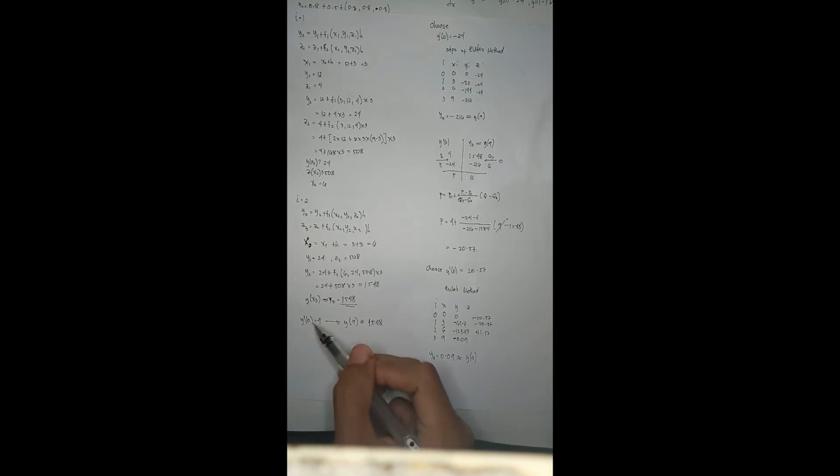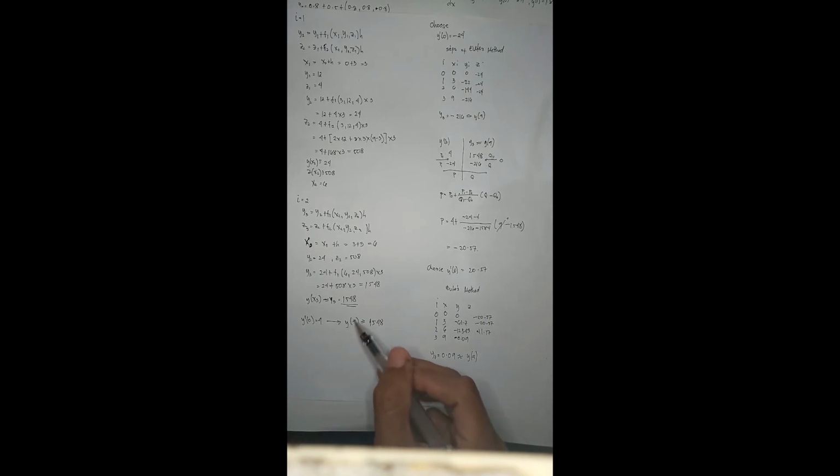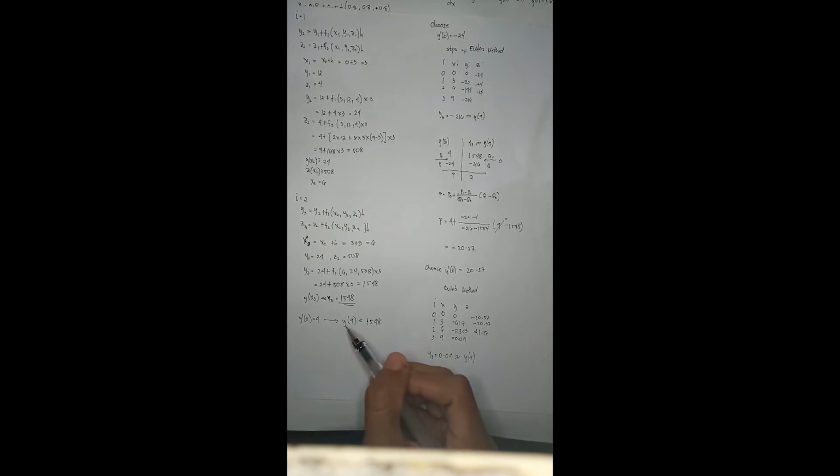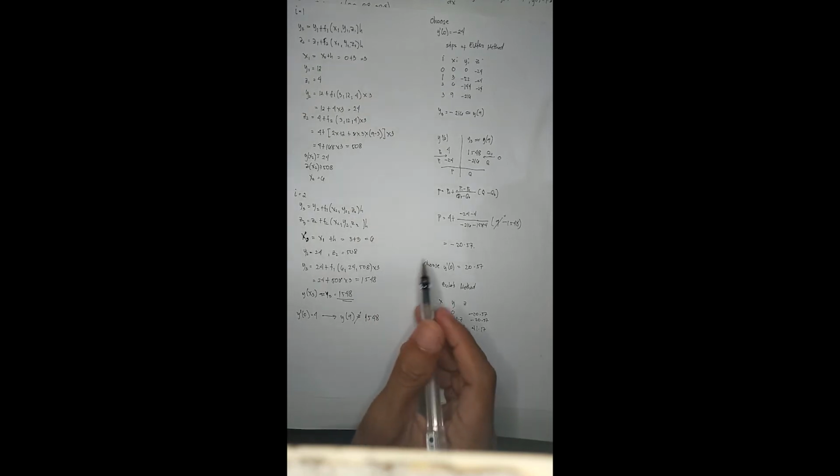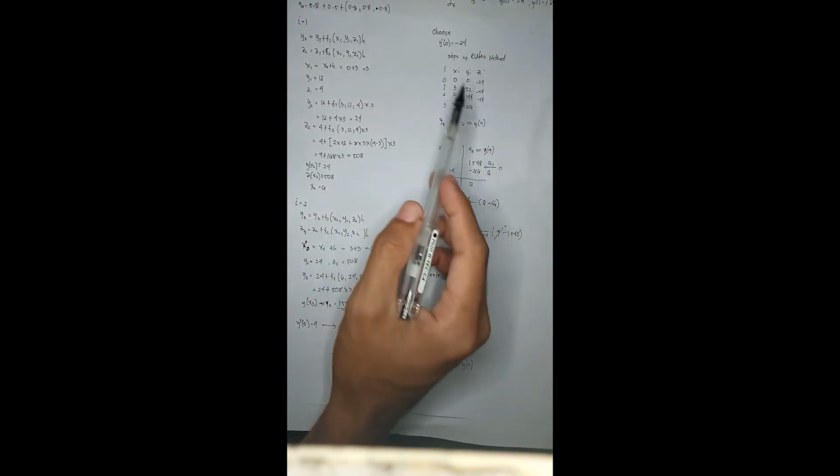y prime 0 is equal to 4, and y9 is equal to 1548. These are not equal. We need to choose again for another guess to get them equal.